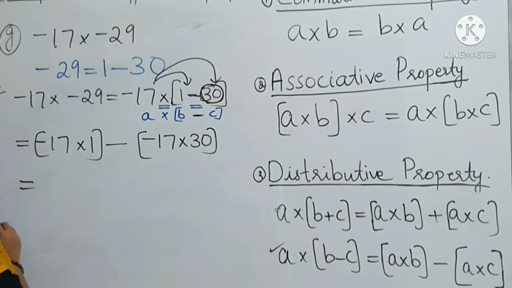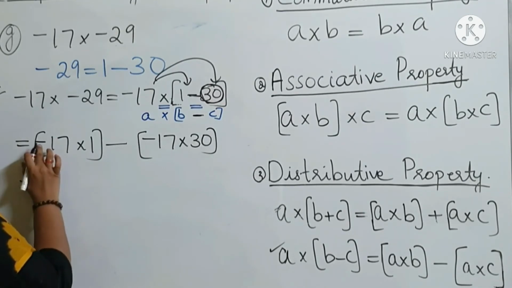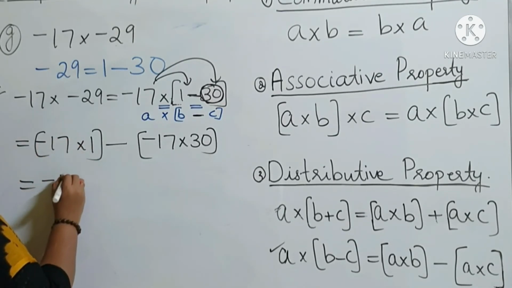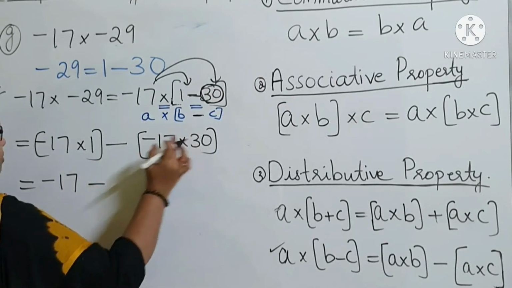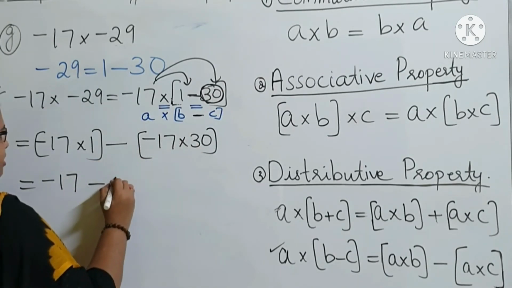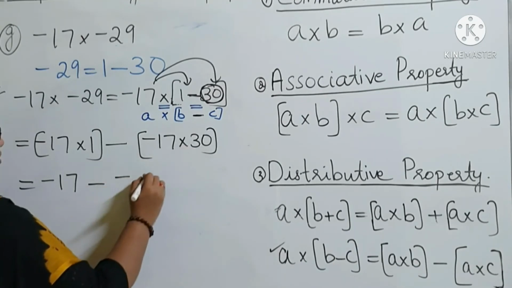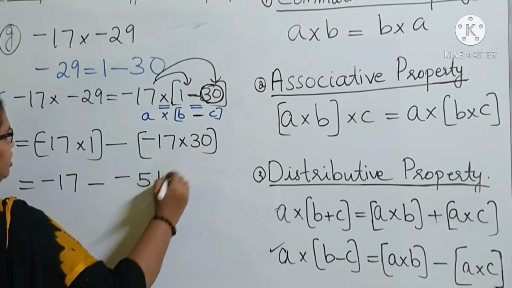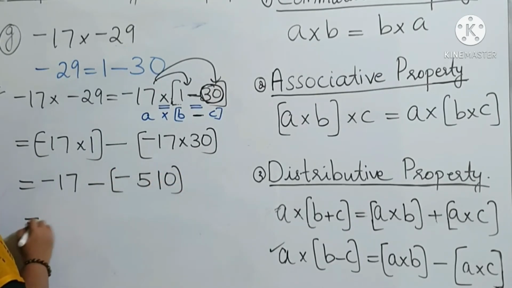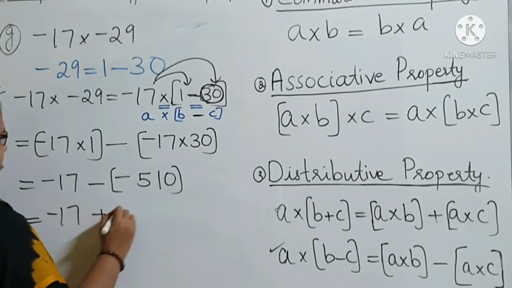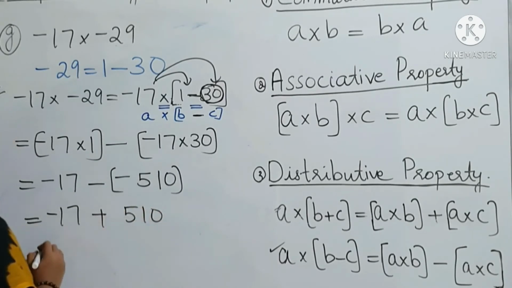And that is equal to negative into positive is negative: 17 into 1 is 17. Minus negative into positive is negative: 17 3s are 51 and 0, 510. Then add the additive inverse, that is equal to negative 17 plus 510.